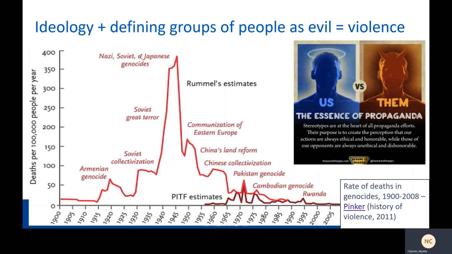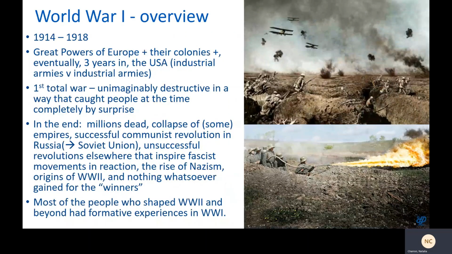And this all really started with World War I, which is a fascinating war to study because of all of the twists and turns in the storyline. So this is what we're going to study next. I'll give you a brief overview here. World War I occurred between 1914 and 1918, mostly in Europe, though with soldiers from all over the world because European states owned colonies.